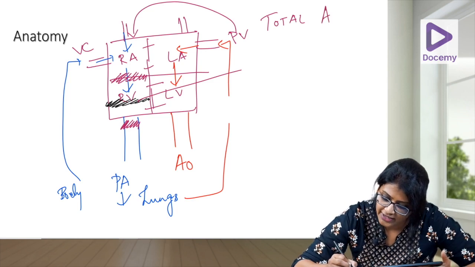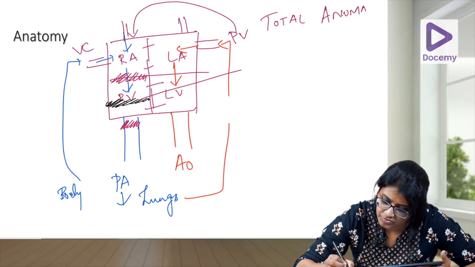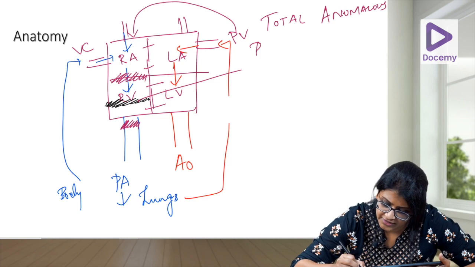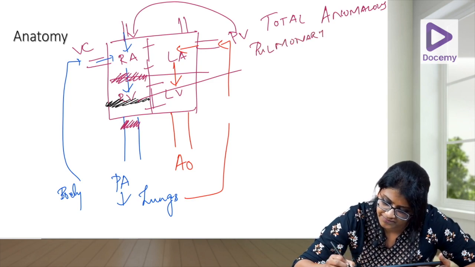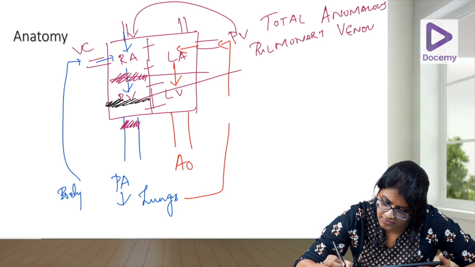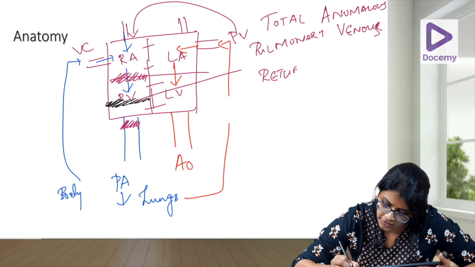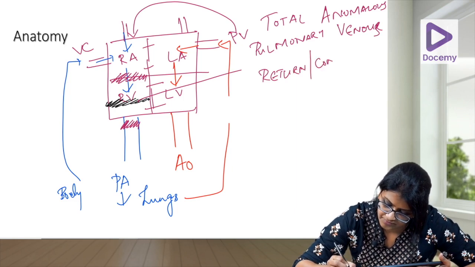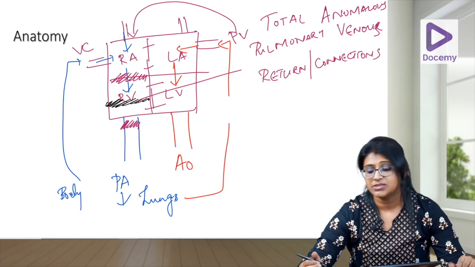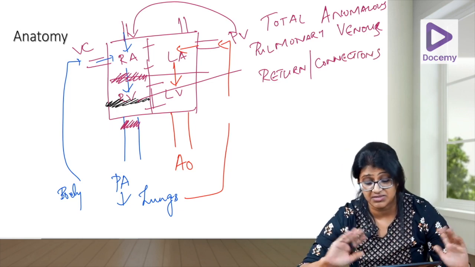So total anomalous pulmonary venous return or connections. So we abbreviate this. So cyanotic heart disease is full of abbreviations. I'm very sorry for that.